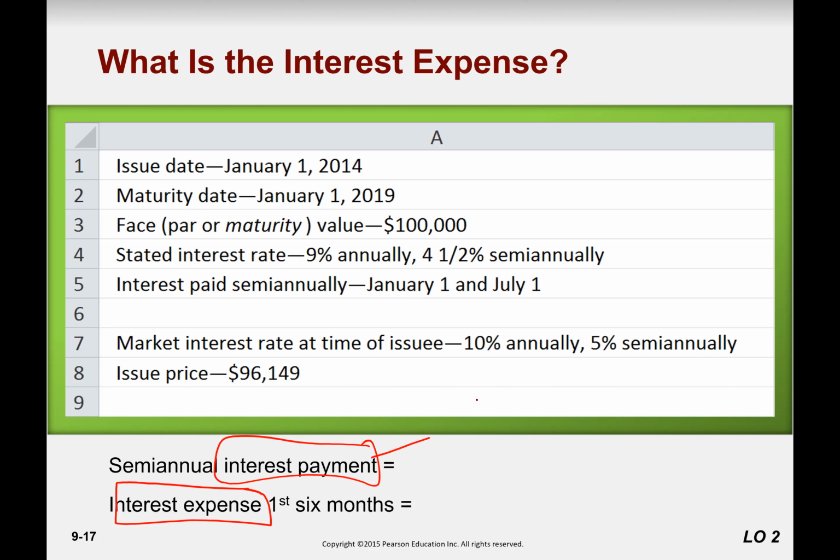Interest payment is in cash because the company promised to pay in cash based on future face value and the coupon rate. And interest expense, which will go to the income statement, is based on the market value and the market interest rate. Are we clear here? So we have two interest figures, right?